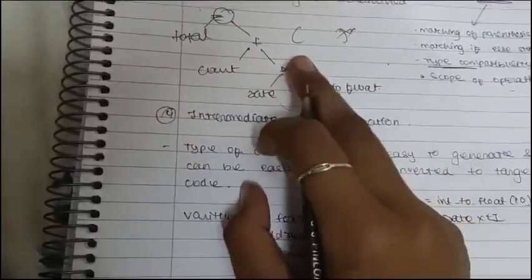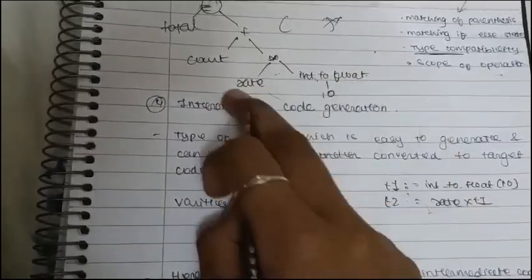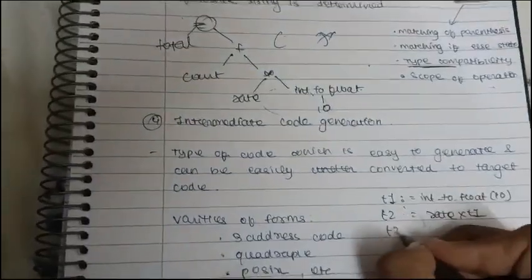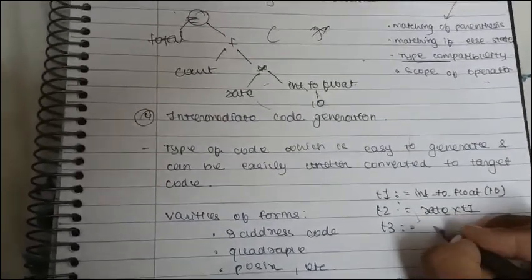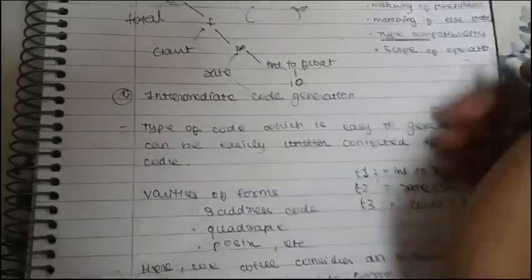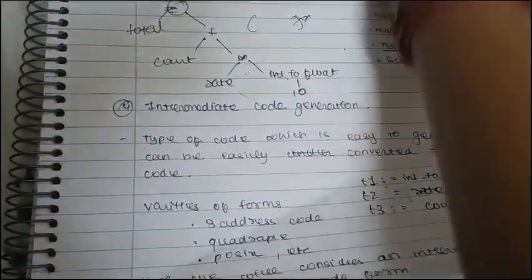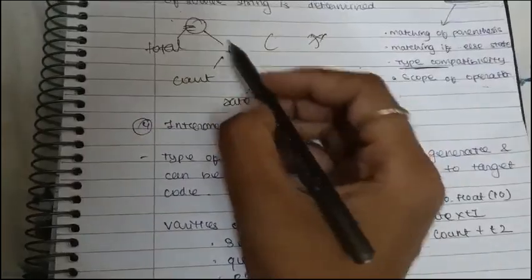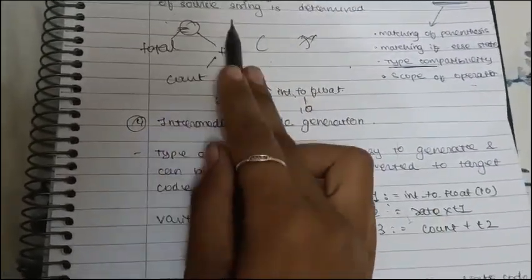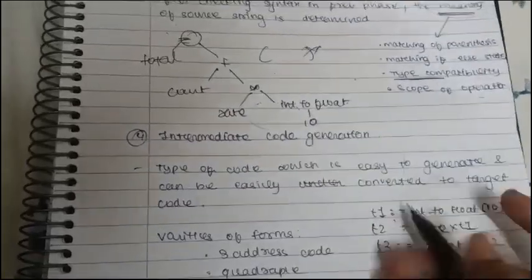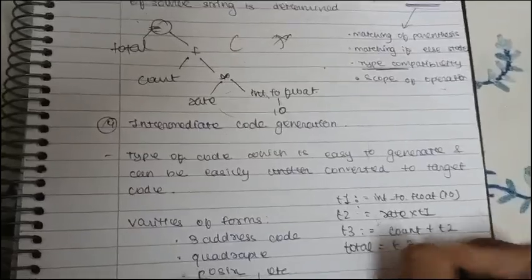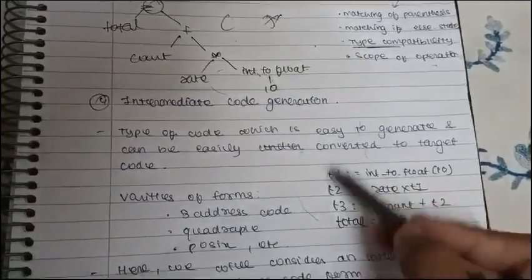After this, this whole is my now t2, which is plus with count. So let's say t3 is count plus t2. Then this whole is t3, so total equal to t3. So this is my intermediate code.